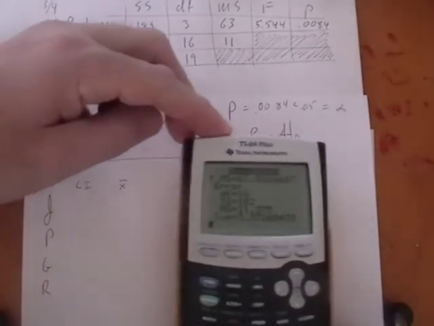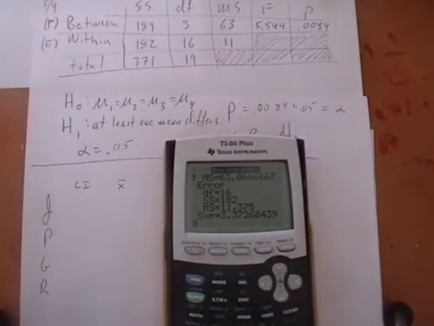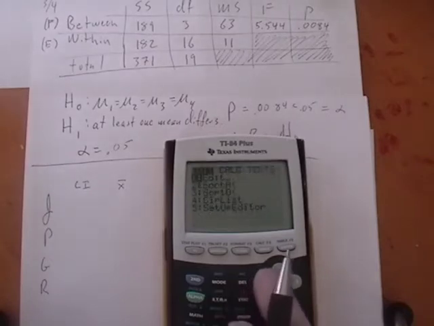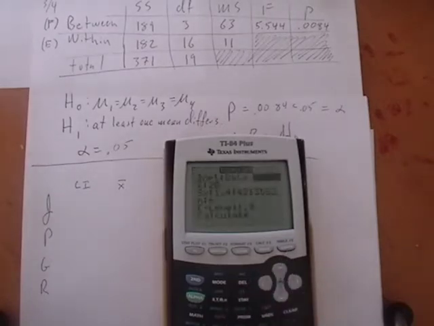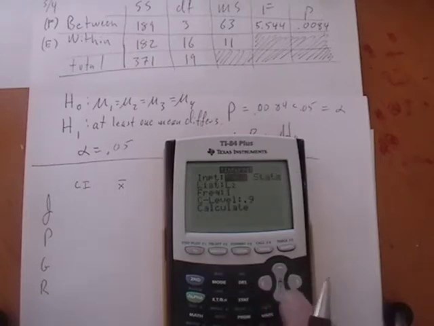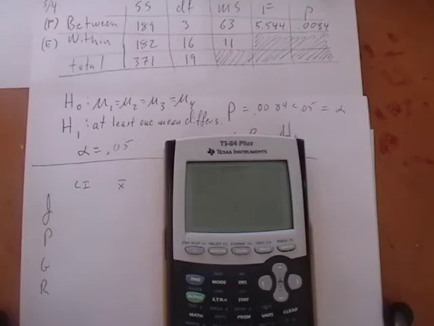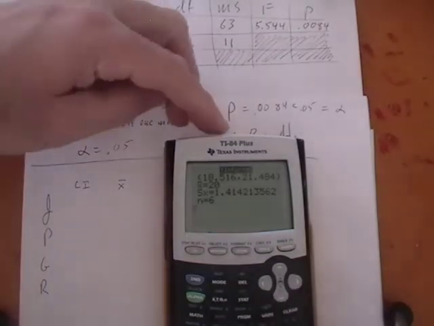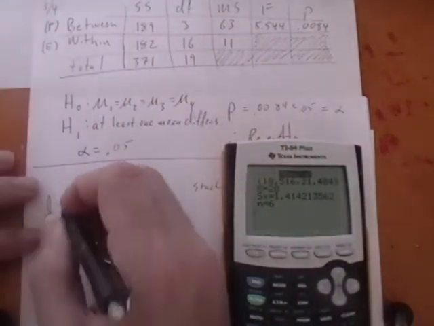Fortunately, they are quick. First, stat test 8, data, enter. List 1, enter, 0.95, enter, and calculate. So I am getting 18.5 to 21.5.